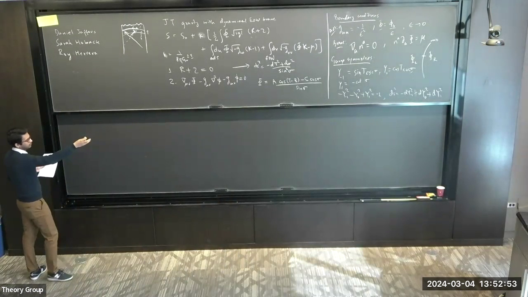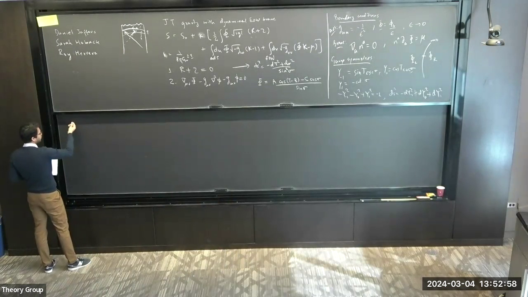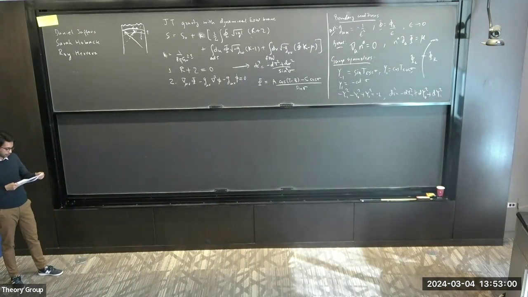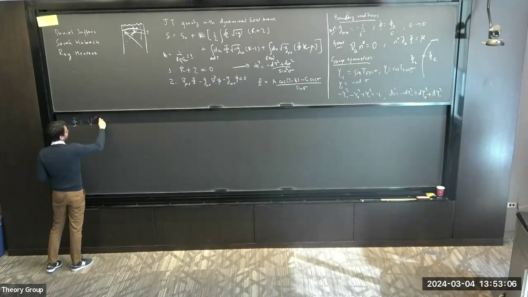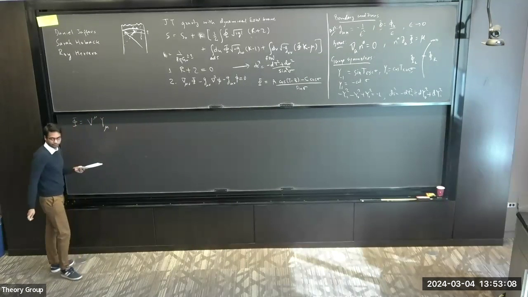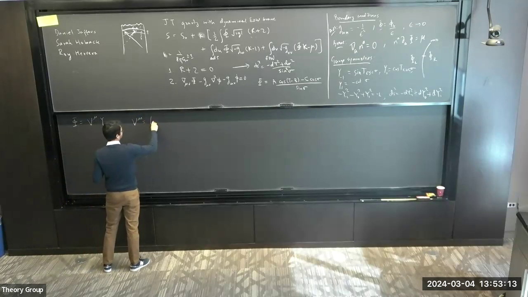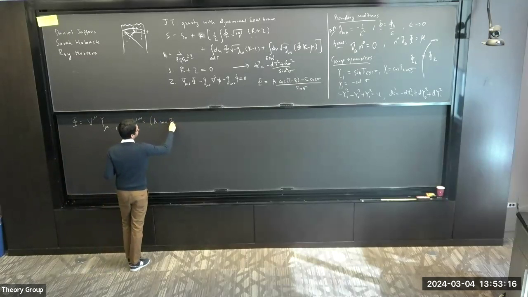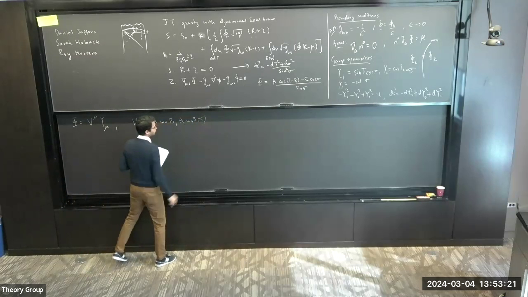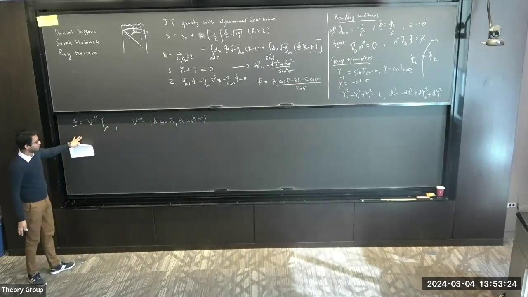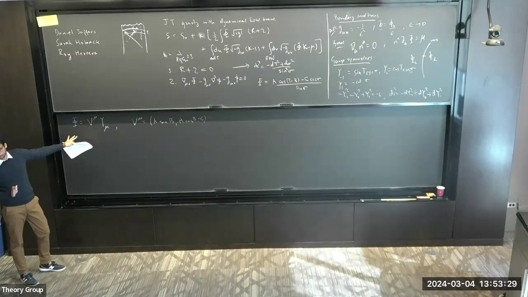So in fact, using these definitions, I can rewrite the dilaton solution as V mu y mu, where V mu is just A sine D, A cross B. I'm doing this just because I want to later rotate the coordinate system and get a very simple form for the dilaton.